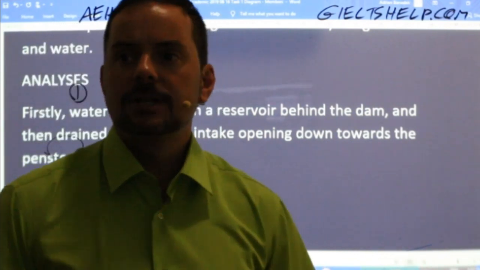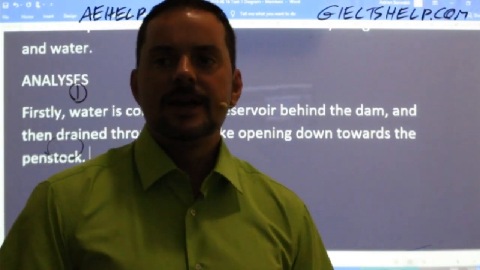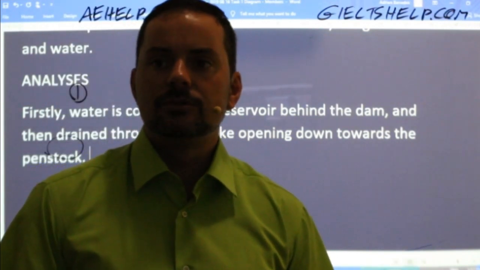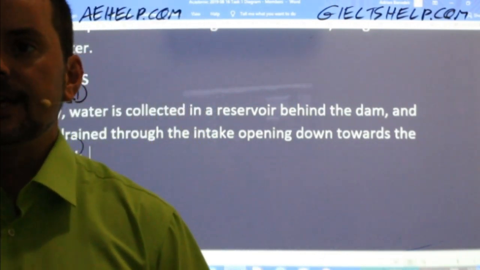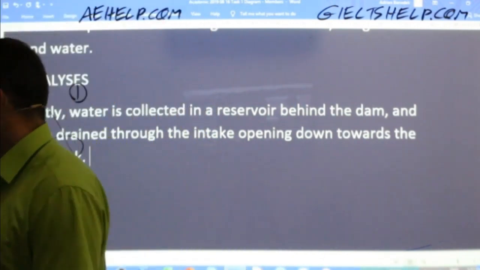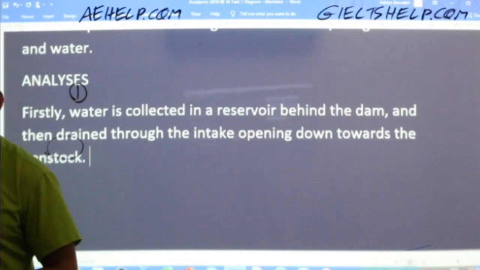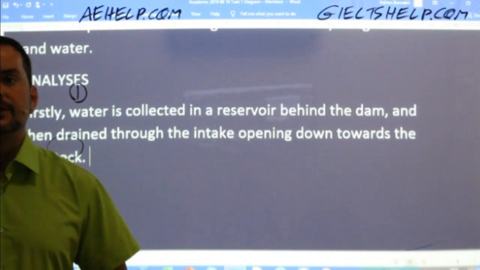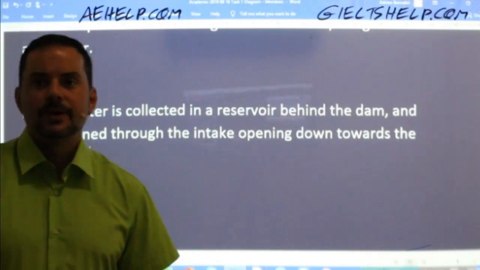So firstly, the water is collected in a reservoir, and then it flows down to the powerhouse, passing through the intake opening, sure. Okay, that works. That's pretty good otherwise, Valiant Venture. Good. All right.